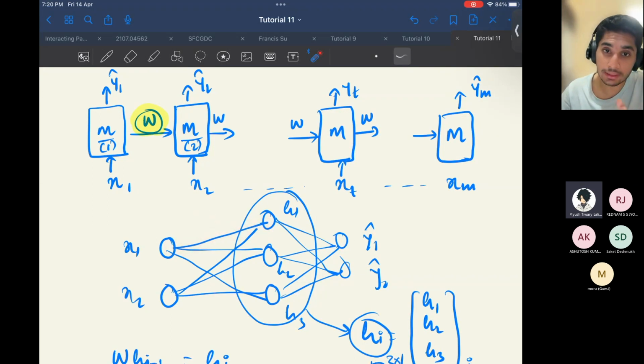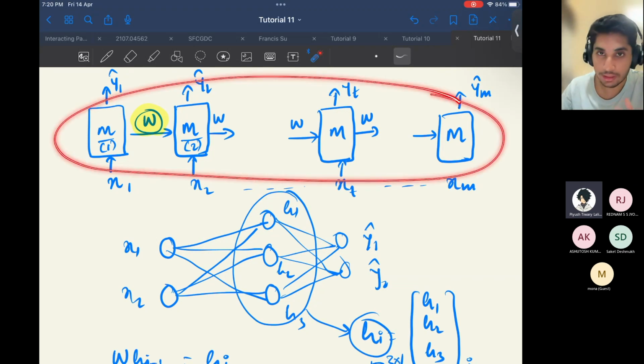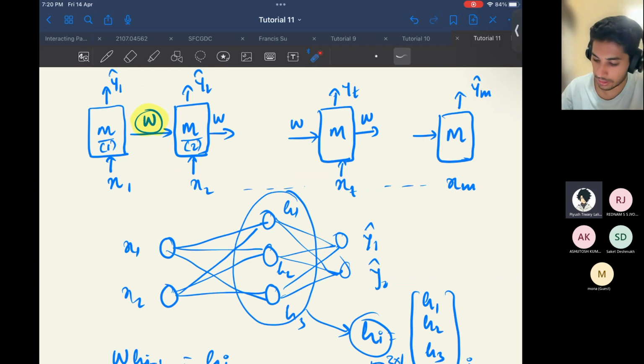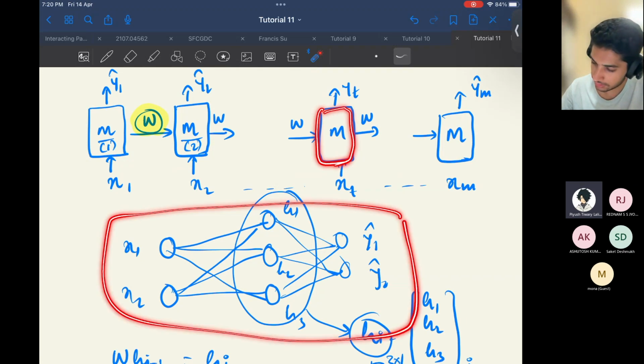As I explained, the model is already trained, so the model is fixed. If the model is fixed, it means that this network is fixed, and these weights are not going to change.